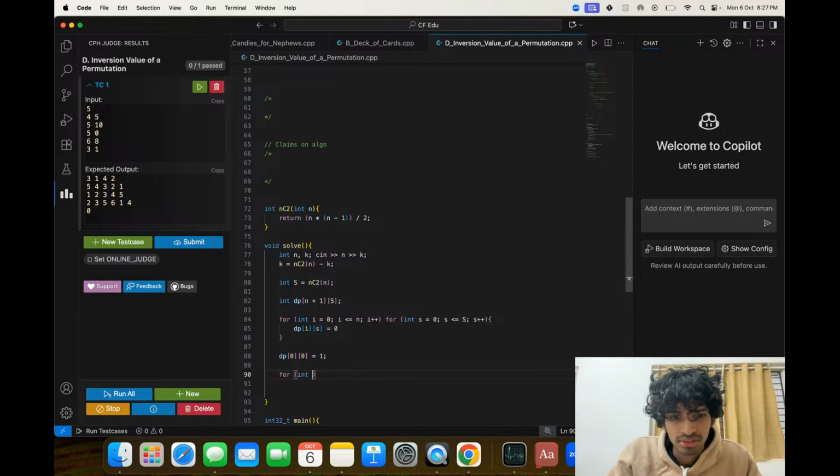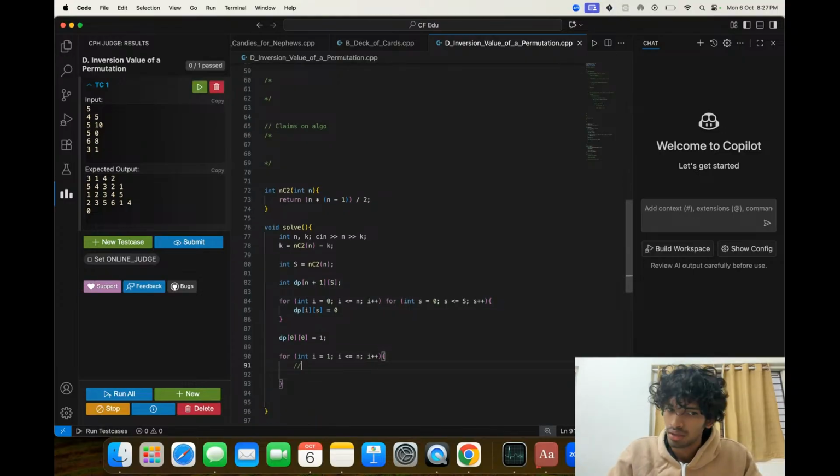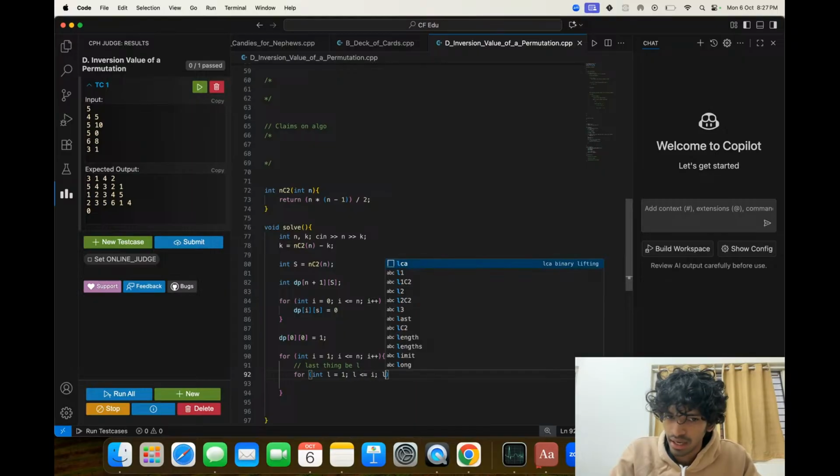So now we are thinking, with i being 1, what are all possible? We want to find these things, right? Just take last thing be L, means for int L equals to 1, L less than or equals to i, L plus plus.